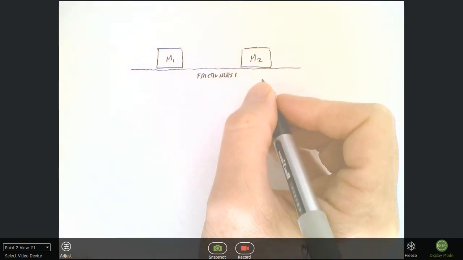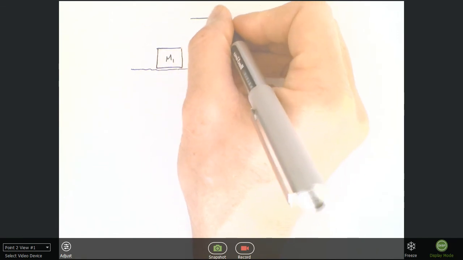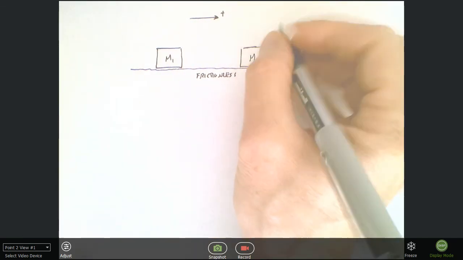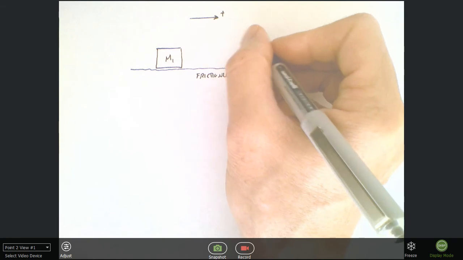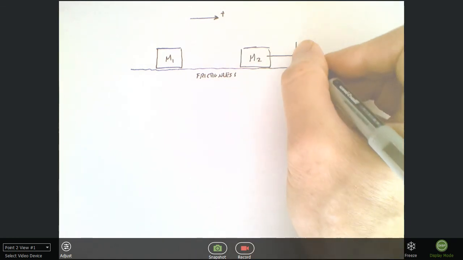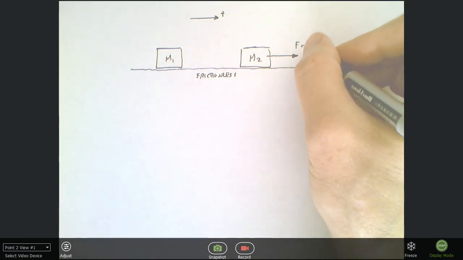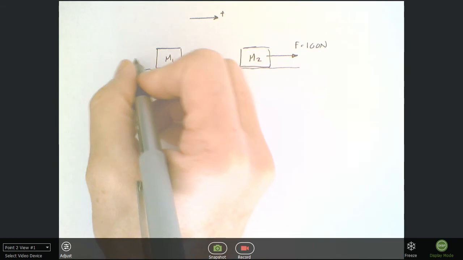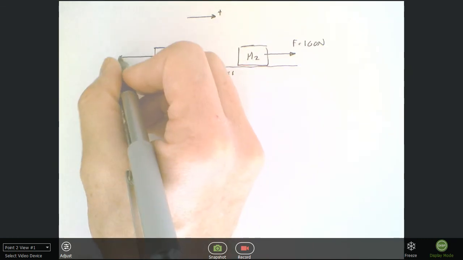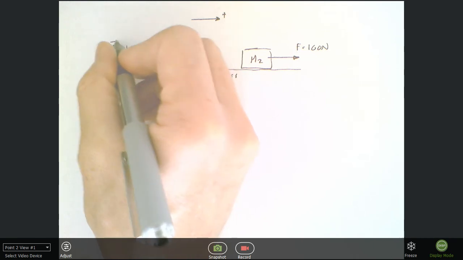So let's pick a direction to be positive, like so. And let's say that the force acting on this object was in this direction, and let's say it was 100 newtons. That means the exact same force would be acting on the other object, just in the opposite direction.